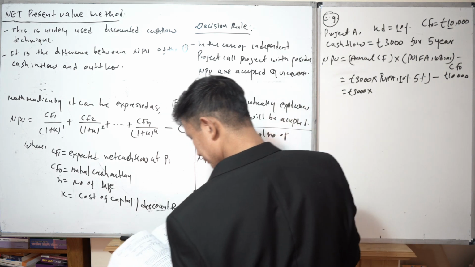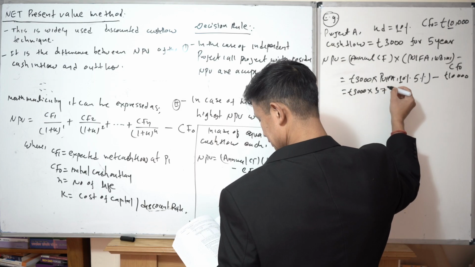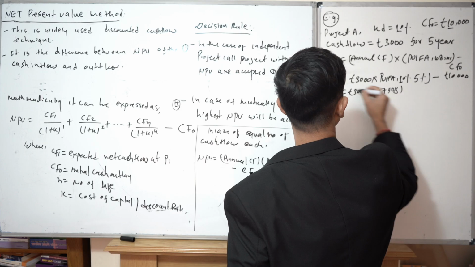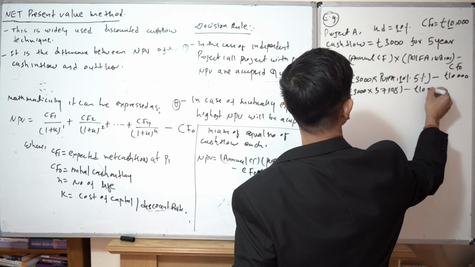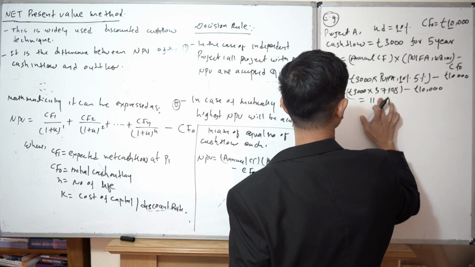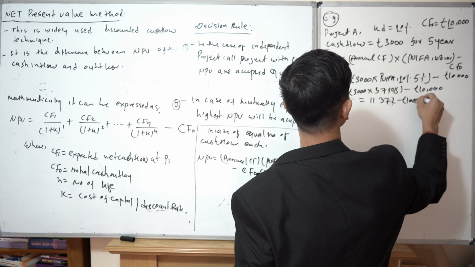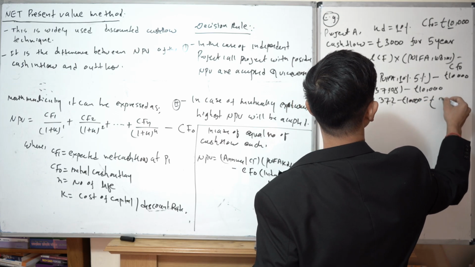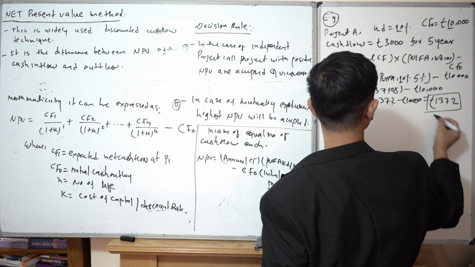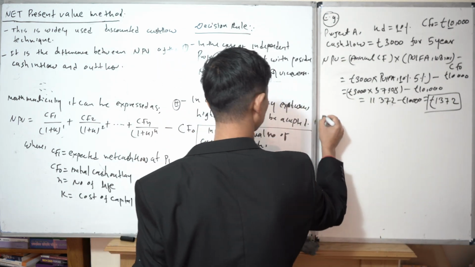We get 3.7908 minus 10,000, which is 11,372 minus 10,000, and then we finally get 372 pounds for the project. This is a positive value. So now let's compare with project B.